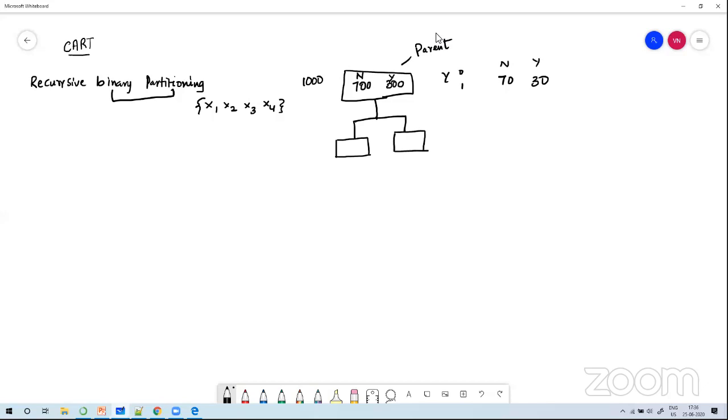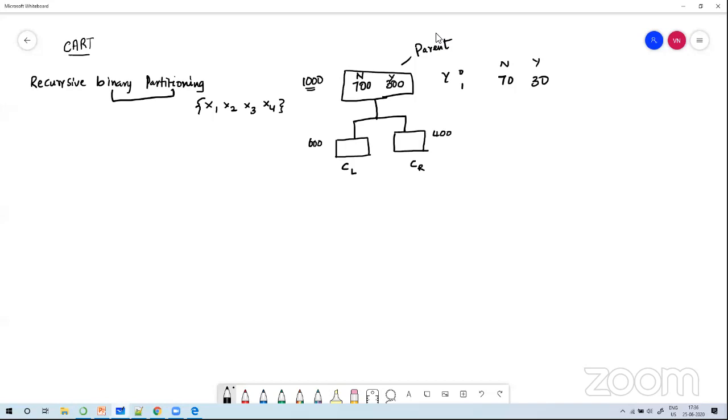These are called the child nodes. This is the child on the left hand side, this is the child on the right hand side. We are going to separate these 1000 observations into two. Let's say we got 600 observations here and 400 observations here.